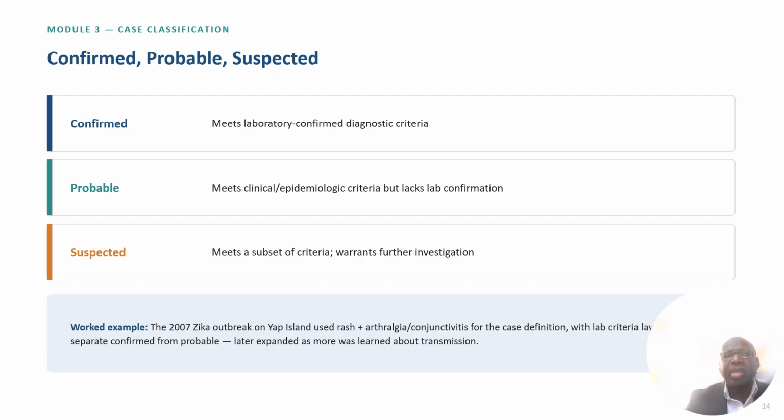Like in measles, any case whose result is positive on identifying or isolating the measles virus will be considered a positive case. Probable meets the clinical epidemiological criteria but lacks lab confirmation. So all the signs and symptoms of the disease or condition exist here, and in this case we can say probable. Probable means it looks like it, except there is no confirmation from the lab.